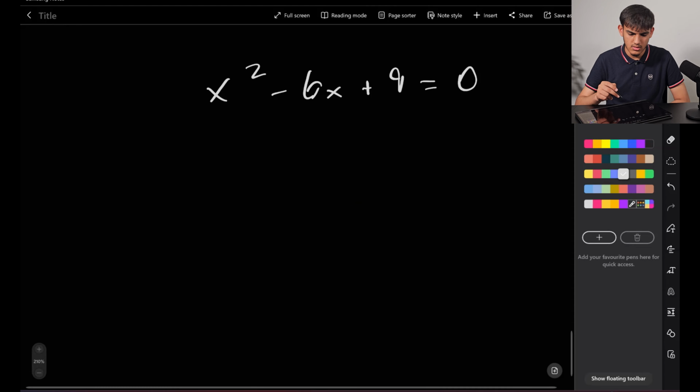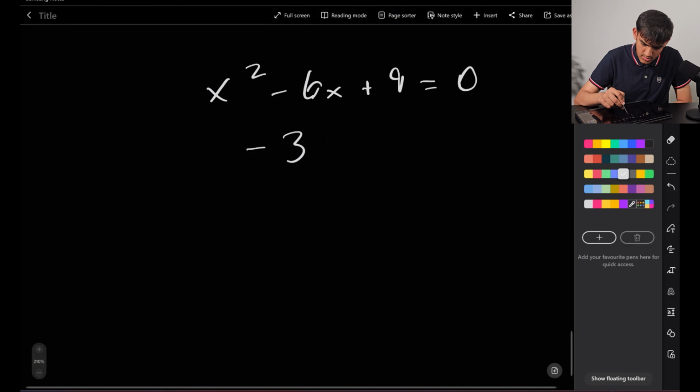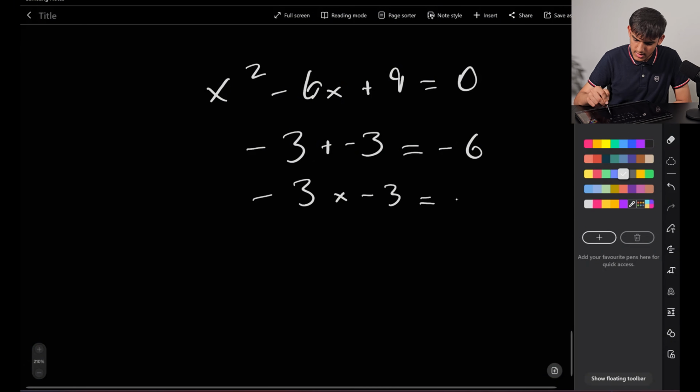So here we could do minus 3 and minus 3, because minus 3 and minus 3 equals minus 6, and minus 3 times minus 3 equals 9, as a negative times by a negative gives you positive.